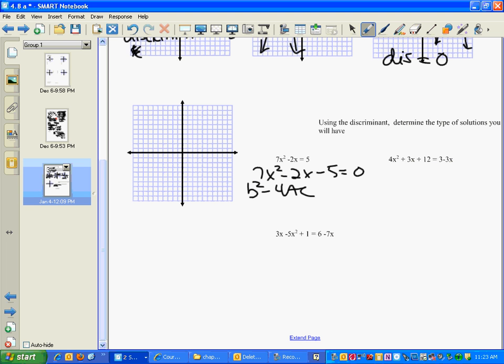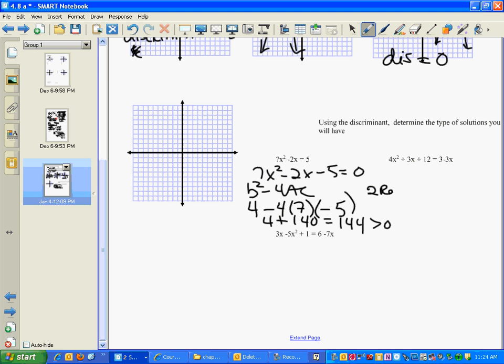So that's going to be 4 minus 4 times 7 times negative, which in our mind is what? Positive or negative? Okay. So it's going to be 4 plus, how much? So this is 144, which is greater than 0. So that tells me how many solutions will I have?